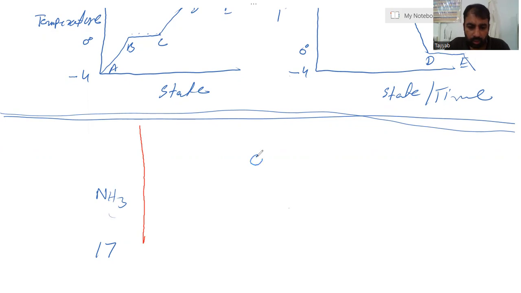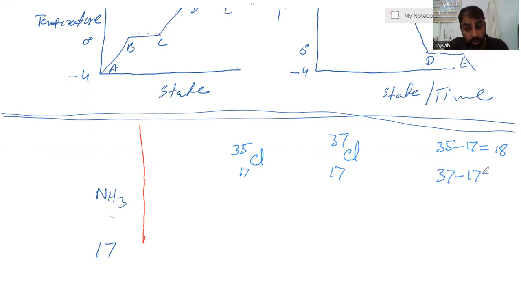For example, chlorine has 2 isotopes, chlorine 35 with 17 and chlorine 37. This means it has 35 minus 17, how many neutrons? It is 18 neutrons. In the case of 37, it has 20 neutrons.